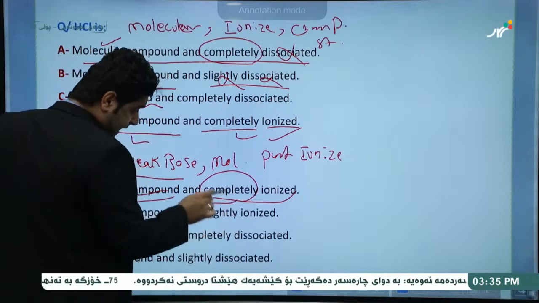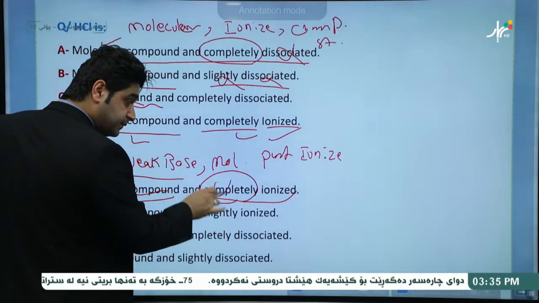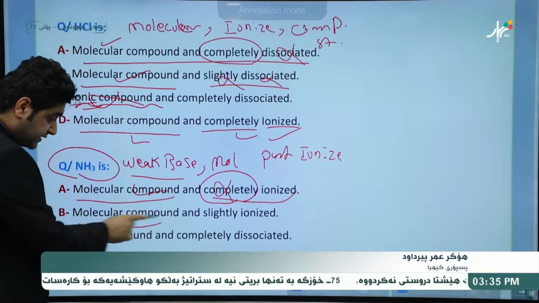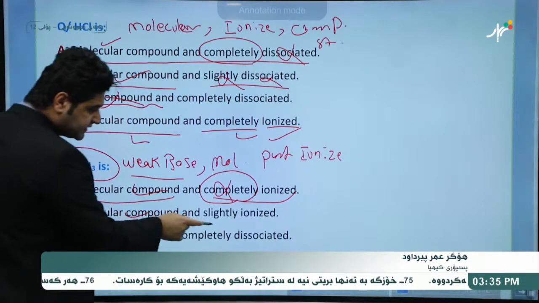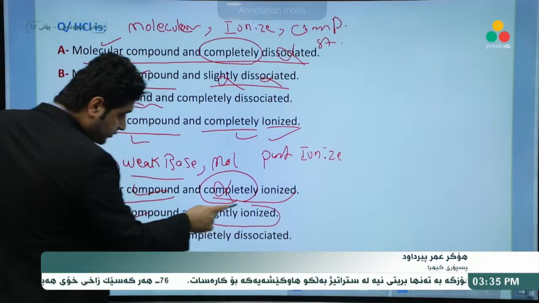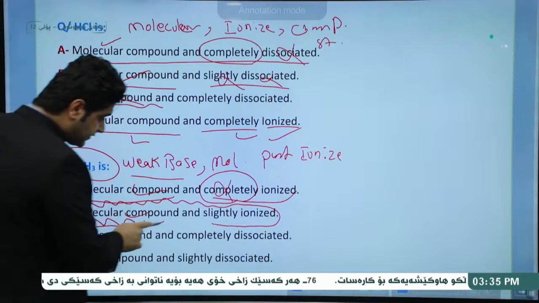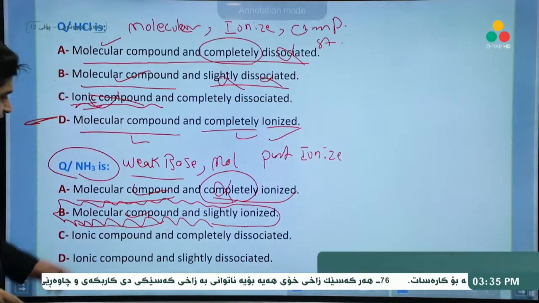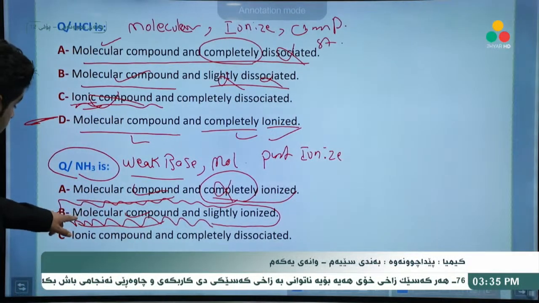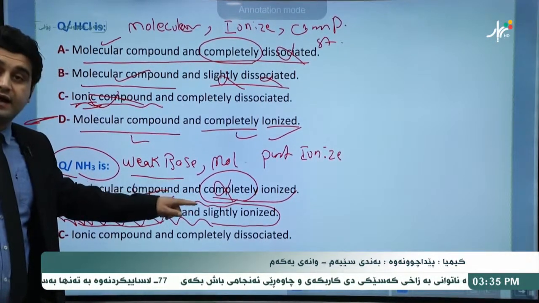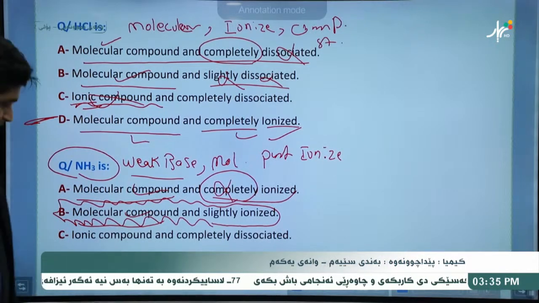No, I don't agree with completely. I agree with partially. Molecular compound? Yes. And slightly ionized? Oh, the right answer is here. That's the one we are looking for. Molecular compound and slightly ionized. Okay?